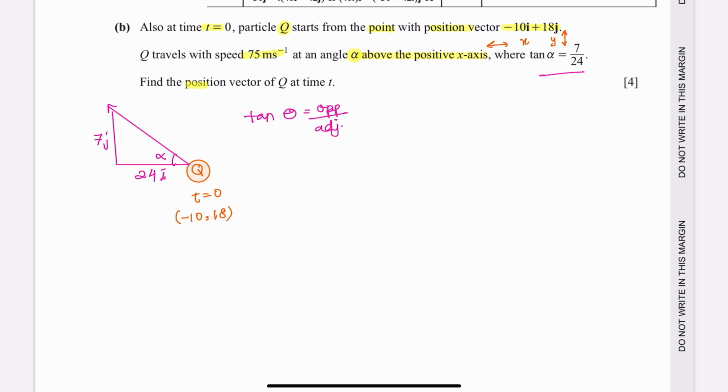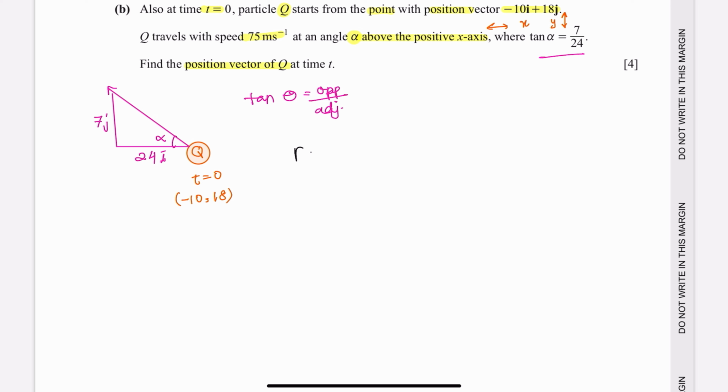Find the position vector q at time t. Position vector at time t would be the starting point plus t v, where this one is the position vector q, this one is where it starts, so it's going to be negative 10, 18. T is the time, v is the velocity vector.